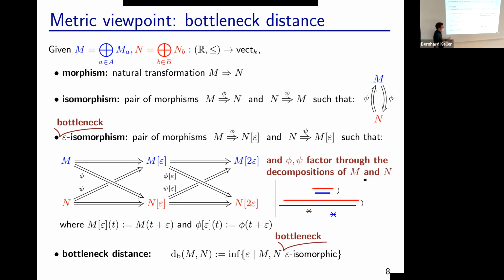And so in the same way, the bottleneck distance is the infimum of the epsilons for which there exists a bottleneck epsilon isomorphism. And you can compute it, because if you have the decomposition into interval summands of each of the two modules, then this is just a matching problem, and computer scientists know how to solve it very well. So it becomes a combinatorial problem.